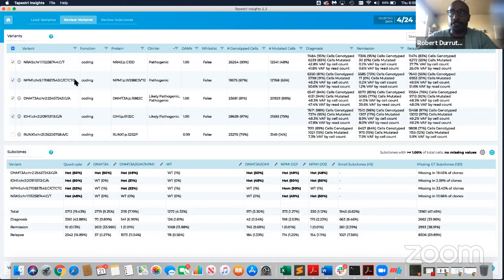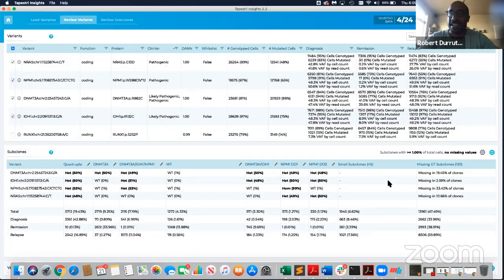It's important to note that the more variants you select, the higher the fraction of your cells that you disregard because they exhibit incomplete data. That goes beyond the scope of today's discussion, but you have the ability to select as many variants as you want.